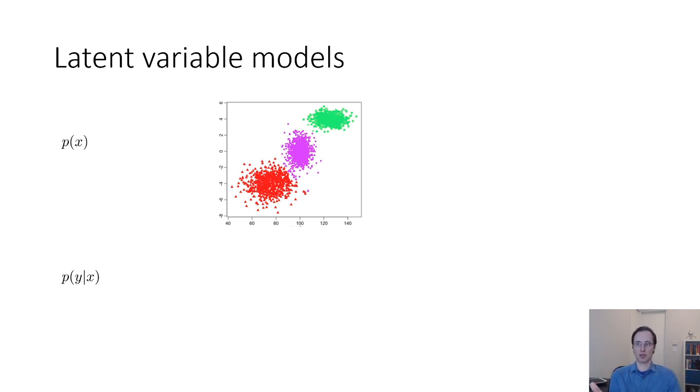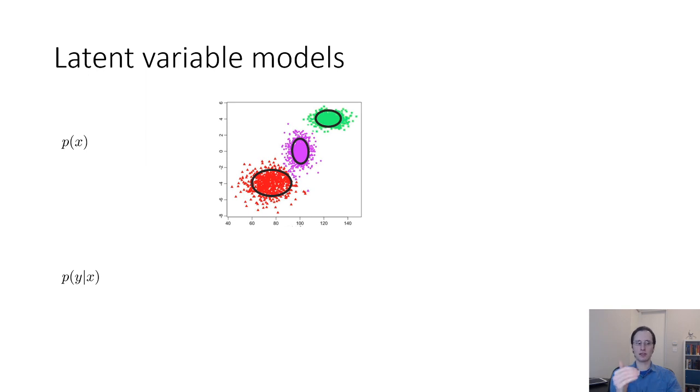The data is just a collection of points. And you want to represent a distribution that accurately fits that data. Now here, it turns out to be very convenient to represent this distribution with a mixture model consisting of three multivariate normals. This is a type of latent variable model. Take a moment to think about what the latent variable here is.